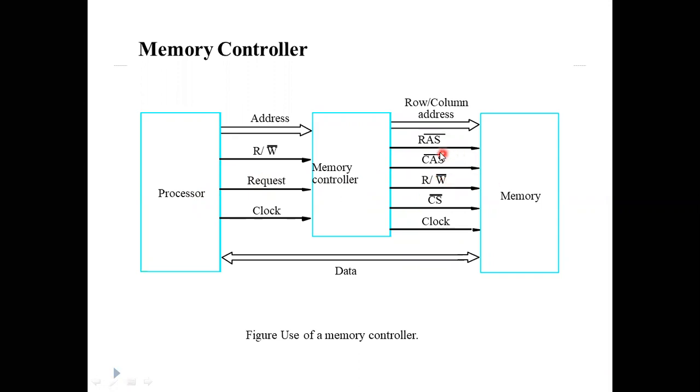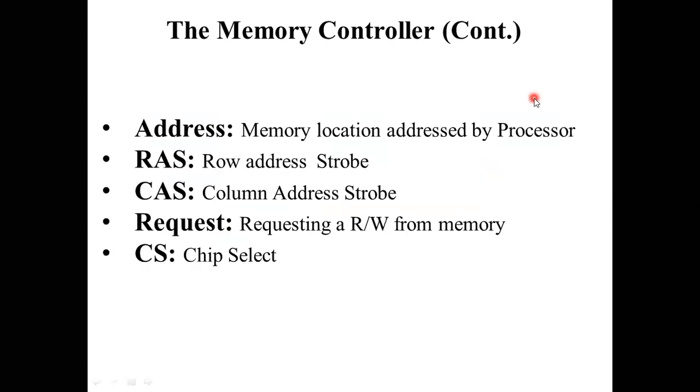The row address strobe and column address strobe are generated to read the particular address required for addressing. By knowing the row address and the column address, the particular bit stored at that place is accessed, and the request is served from the memory to the processor with the help of the memory controller. This is the complete working of how a memory system generally works.